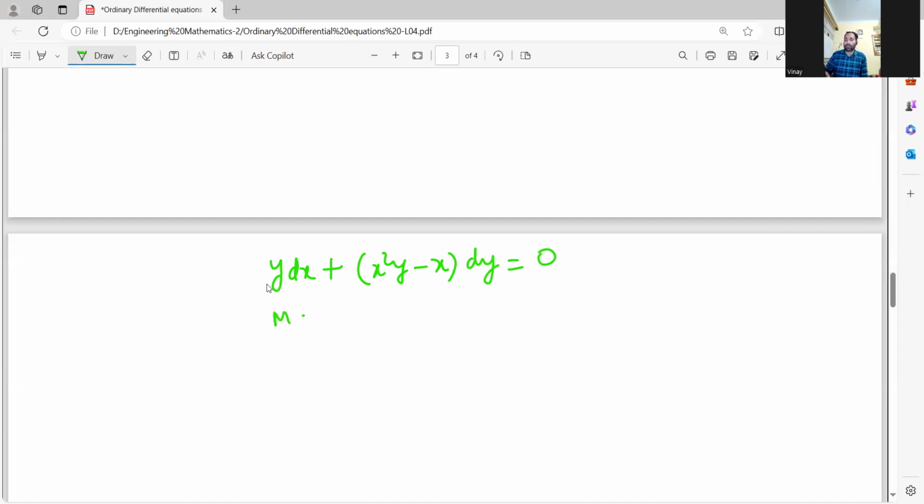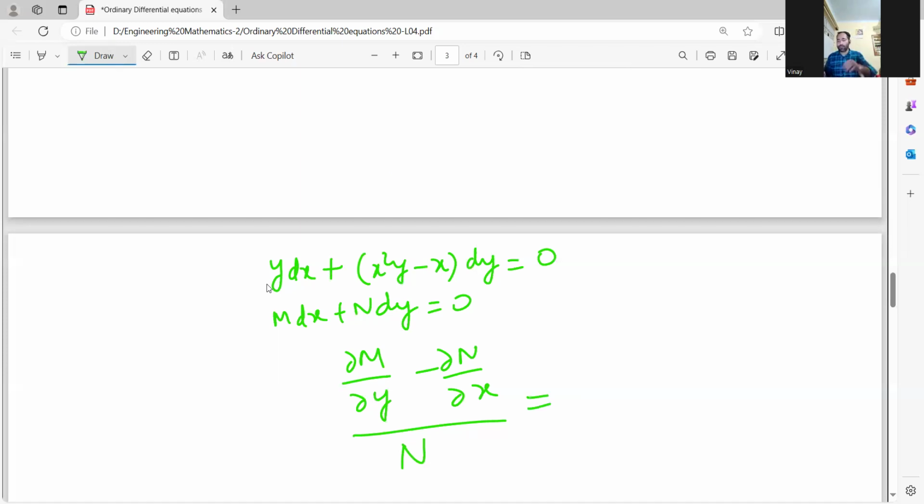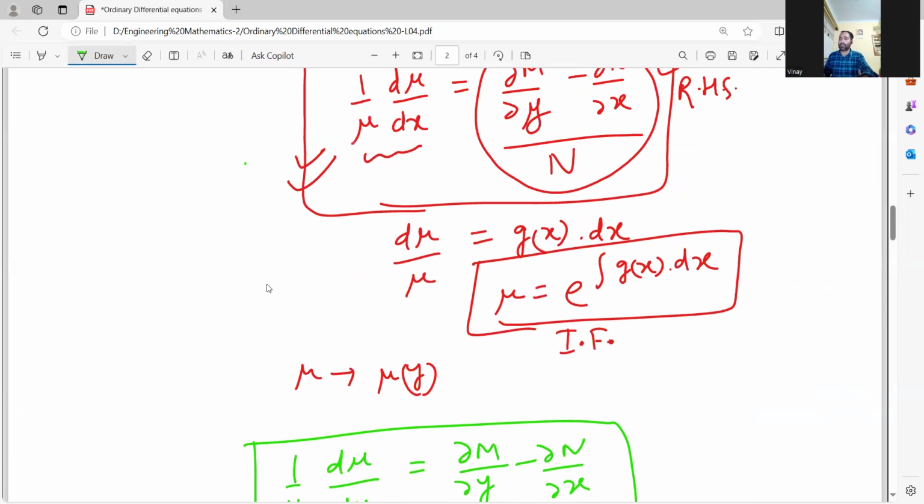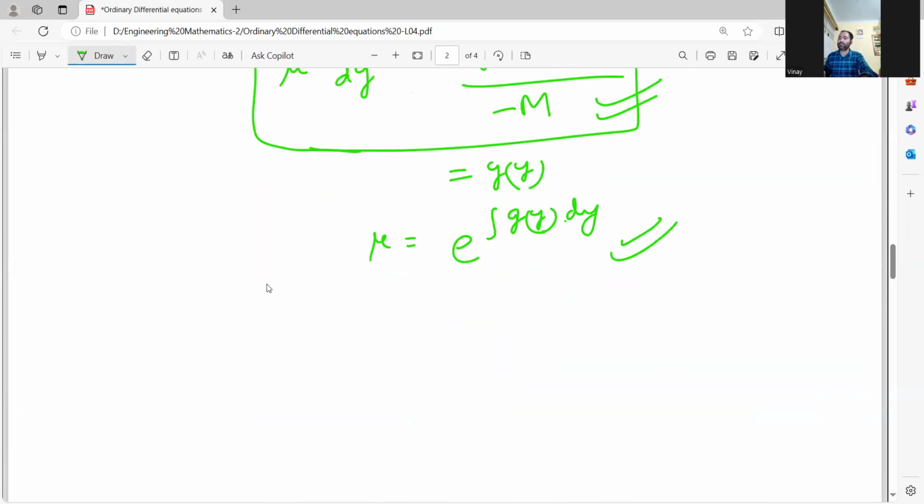So let's compare it with M dx plus N dy is equal to 0. What you have to check? You have to check either ∂M/∂y minus ∂N/∂x upon N, right? Yes, in first case, let's see if it is a function of x or y.